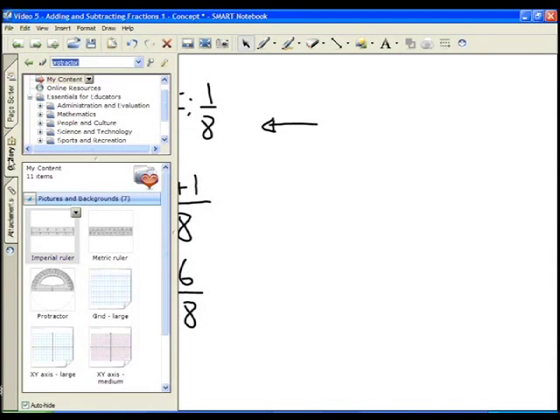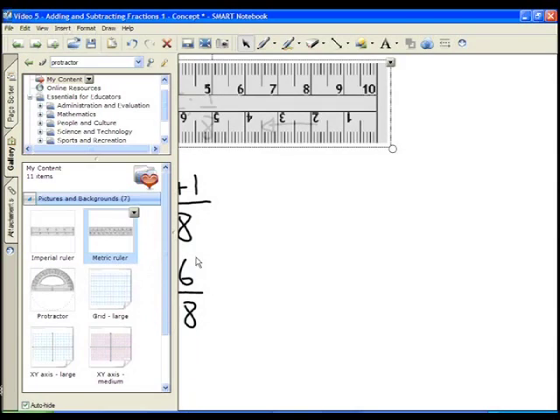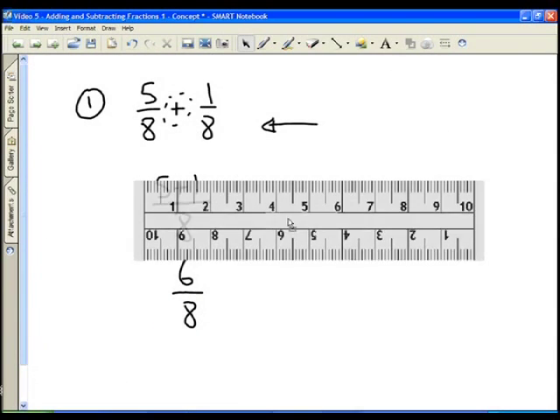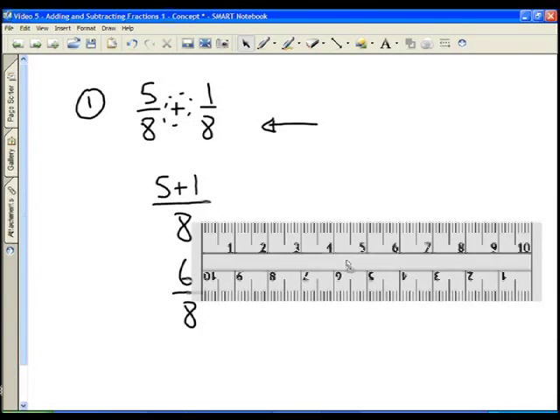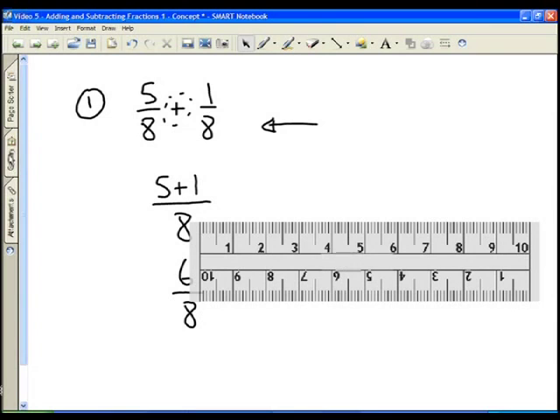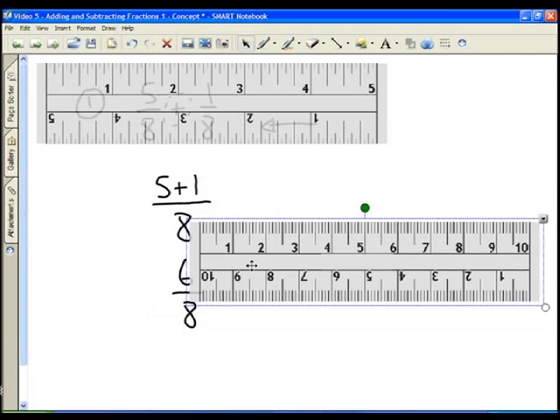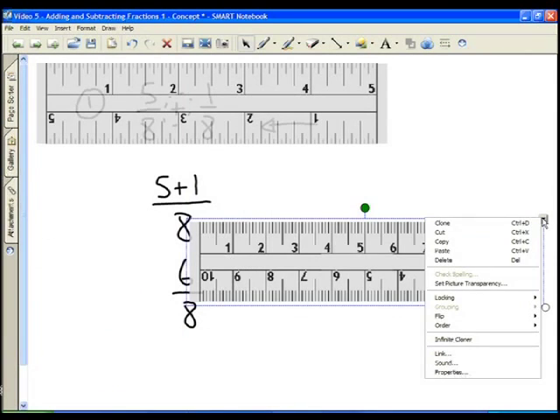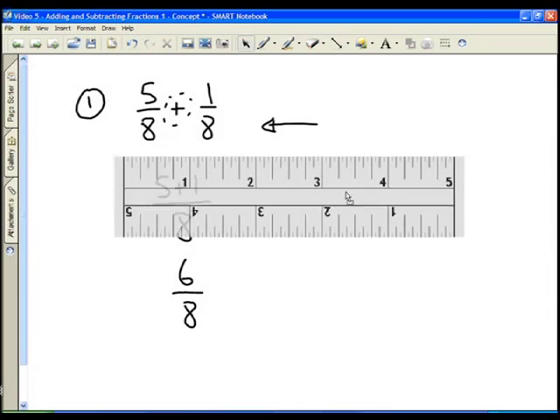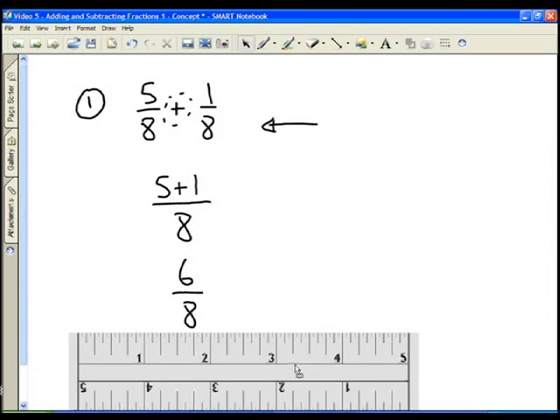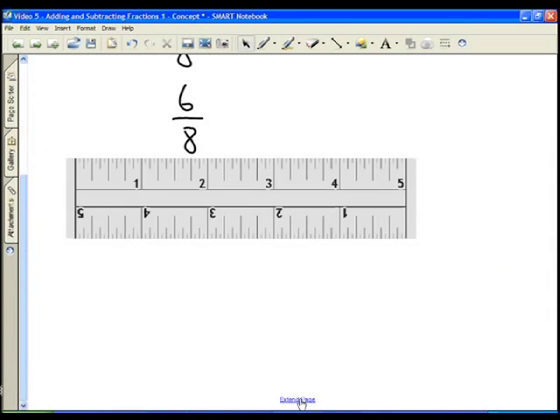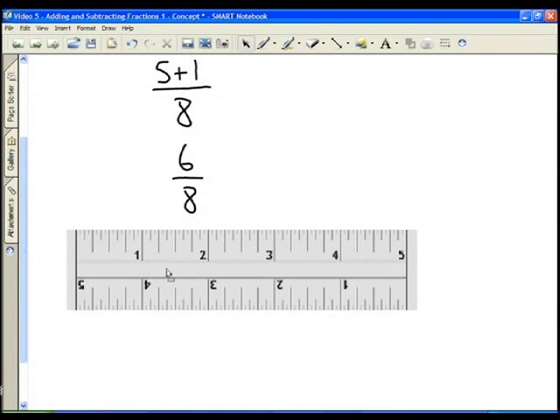And can 6/8 be reduced? Well, let's see. If we have, that's the wrong ruler. Sorry about that. If we have a ruler here, we can see 5/8.